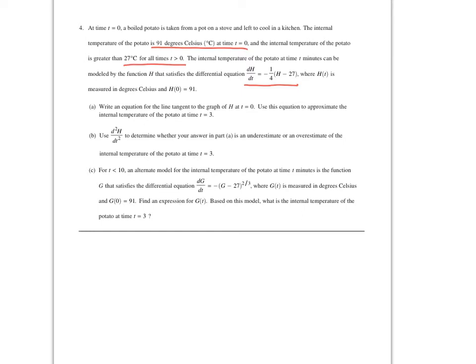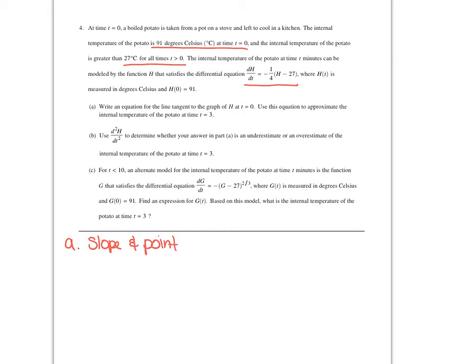Part A says, write an equation for the tangent line to the graph of h at time equals 0. Use this equation to approximate the internal temperature of the potato at time equals 3. So what do we need to write the equation of a tangent line? We need slope and our point.